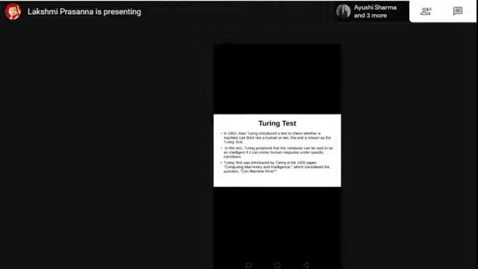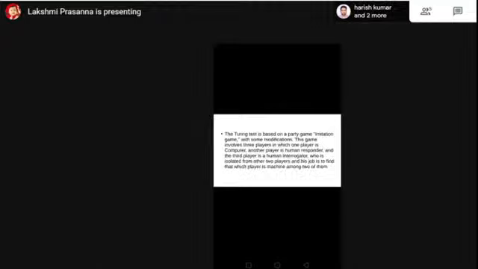The Turing test was introduced by Turing in his 1950 paper Computing Machinery and Intelligence, which considered the question, can machines think? This test is based on a party game, which we call the imitation game, with some modifications.